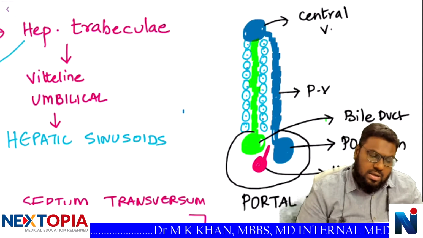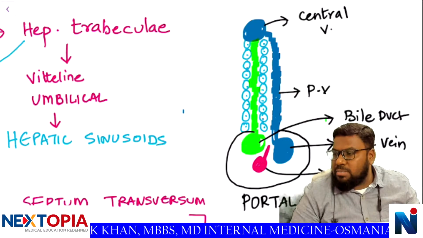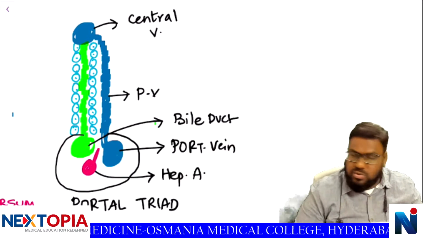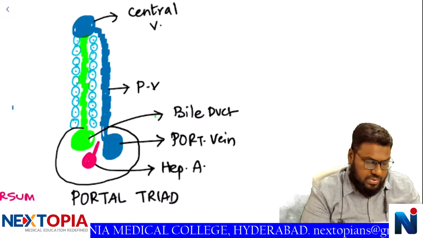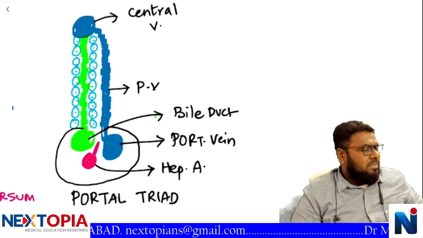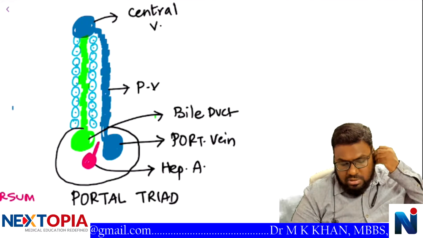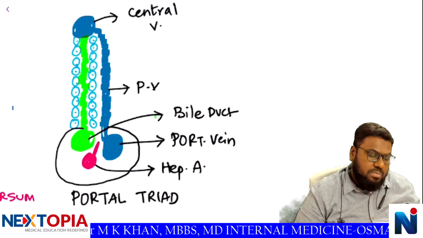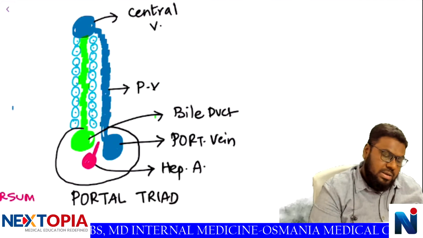All right, bile duct. Oh, I'm sorry, I was blocking the portal vein labeling. So the portal triad consists of hepatic artery, portal vein, and bile duct.